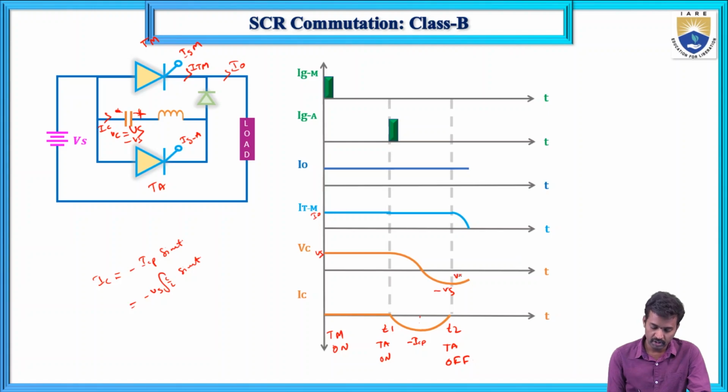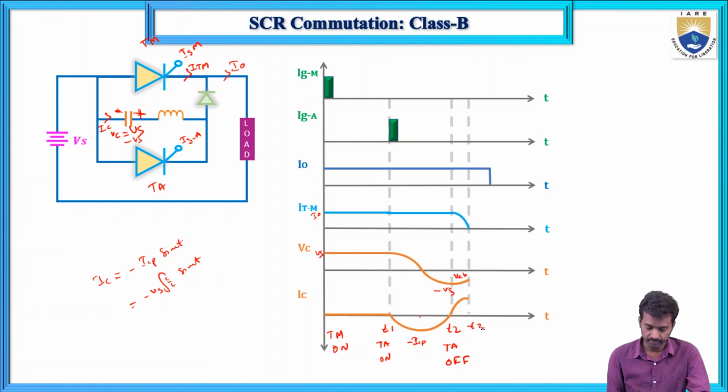So the main current is decreasing and the capacitor current is increasing. This is up to T3.